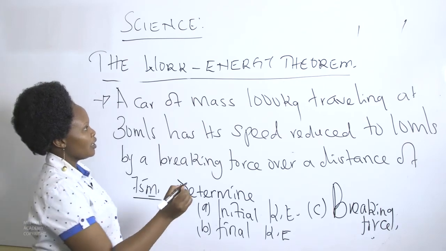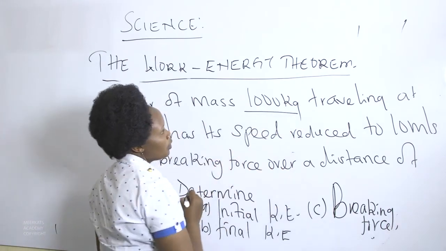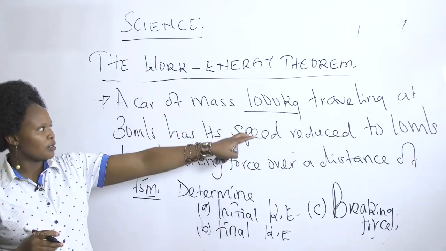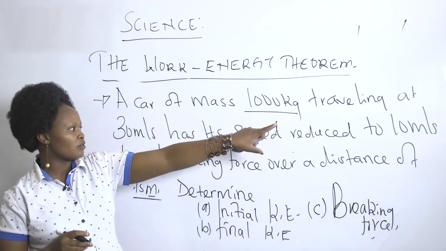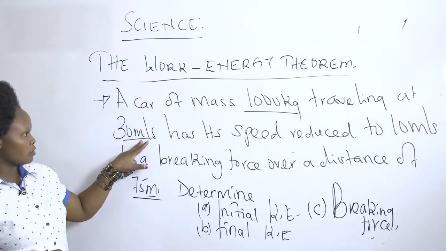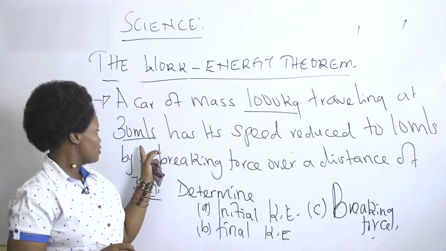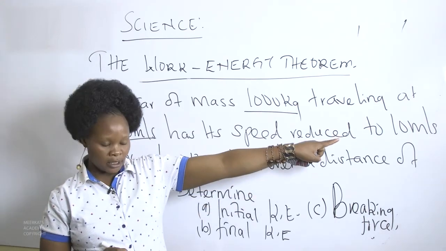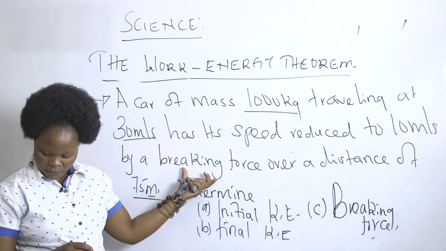We have our car, 1000 kgs in mass, traveling at an initial velocity of 30 meters per second, but the velocity is reduced to 10 by this braking force.